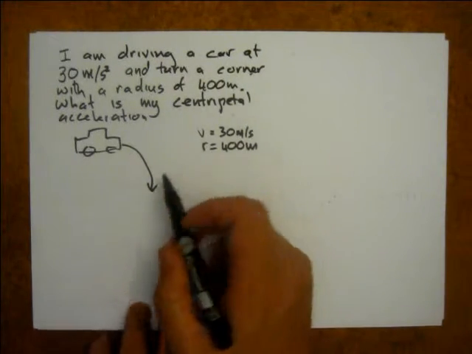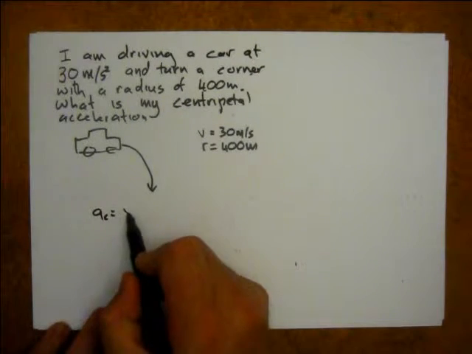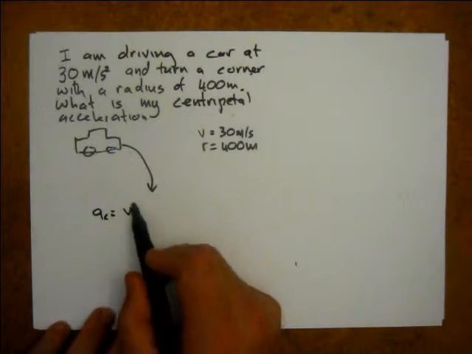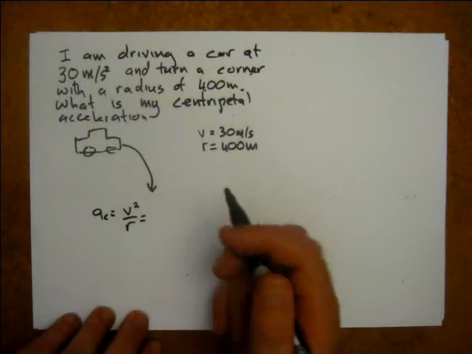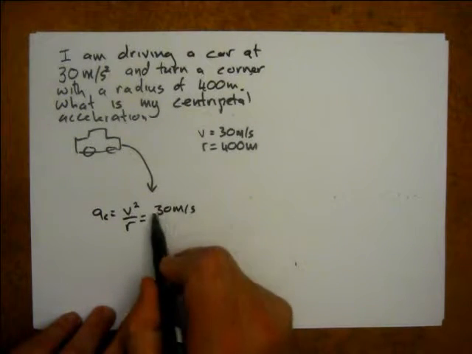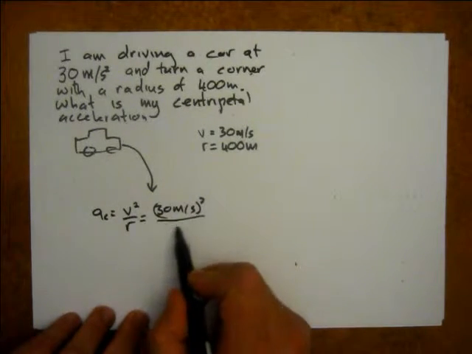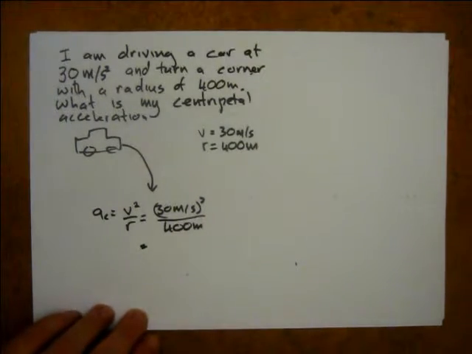So therefore I can work out AC, which is equal to V squared over R, which is equal to 30 meters per second all squared over 400 meters, which I'll get a calculator.